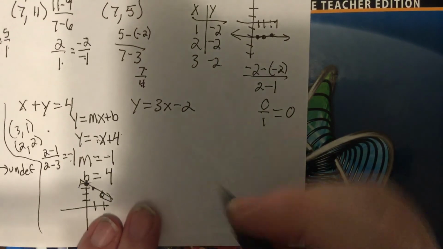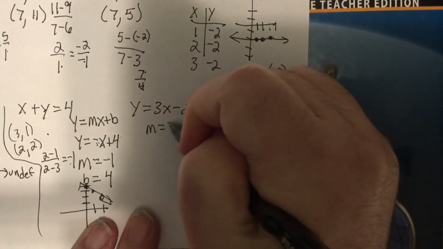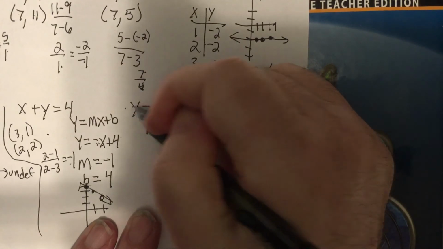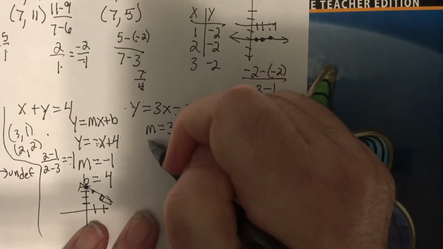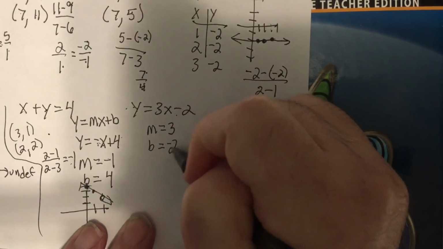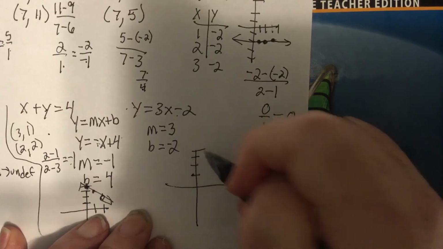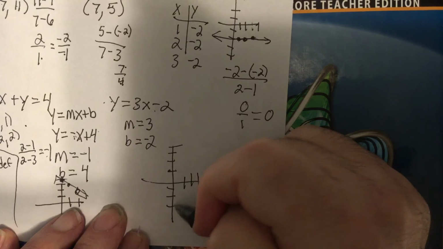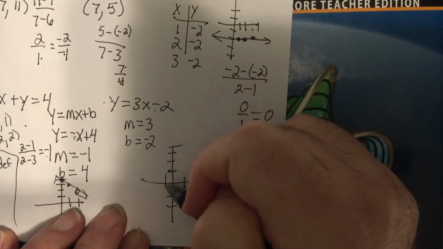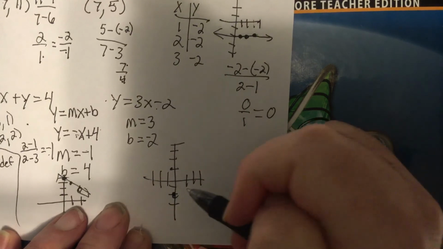So this one, oh, it's already solved for y. So my slope is 3. Whenever you have 1y equals, the slope is the number times x, and your y-intercept would be negative 2. So, okay, negative 2 is down 2 for the y-intercept.